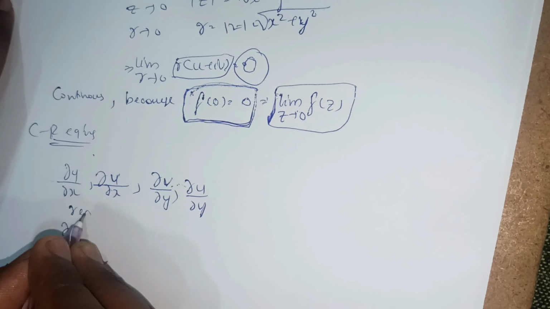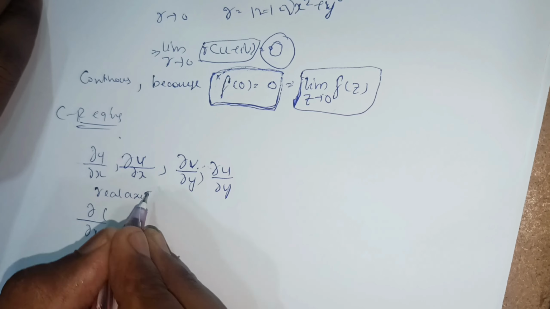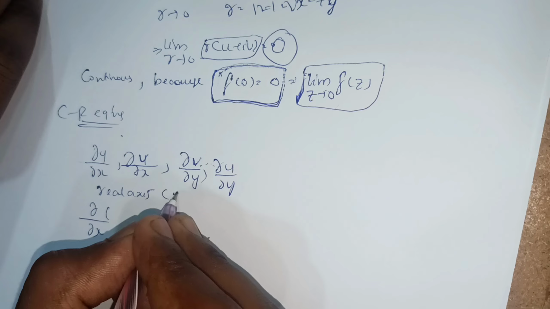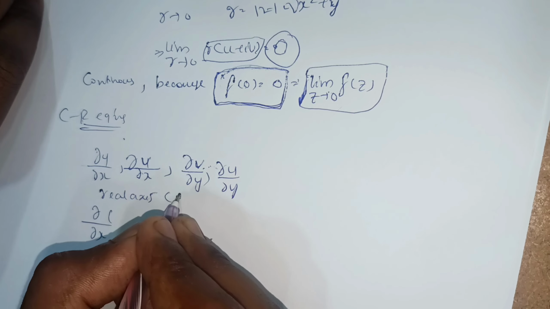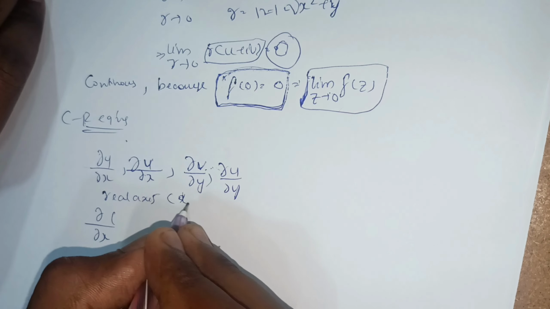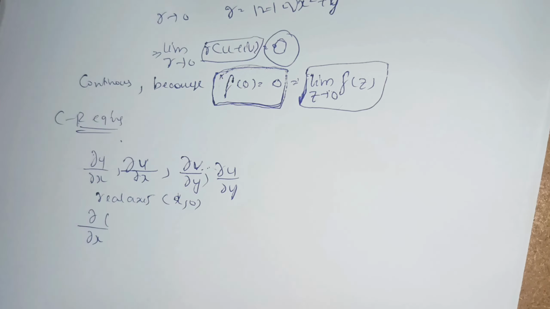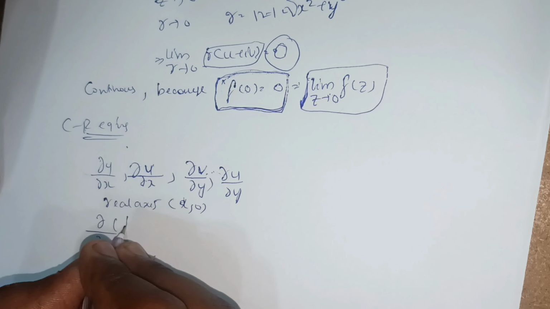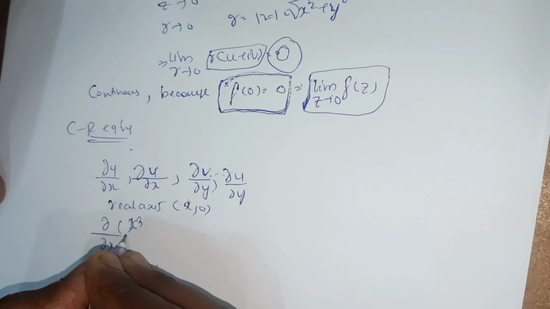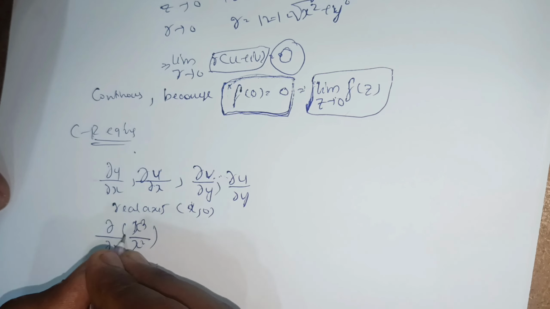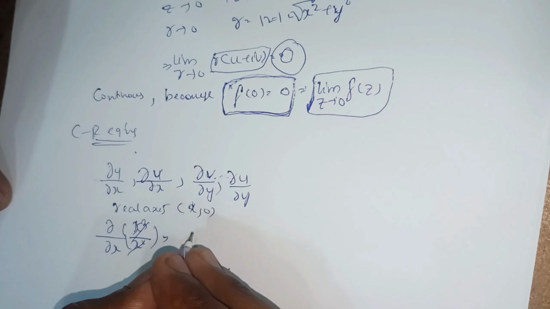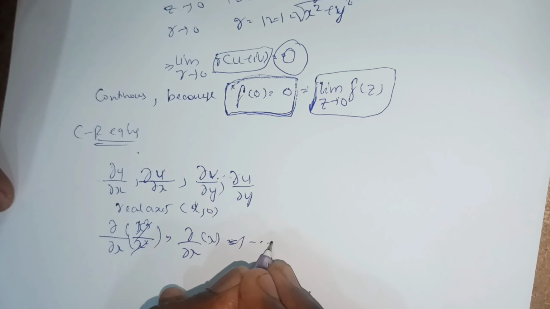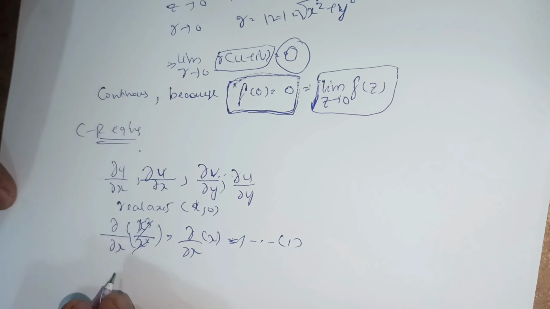First, we should take the real axis. The coordinates of the real axis are x comma 0. Substituting it in the equation above, we get x cube by x square. The x will be cancelled out. Dou by dou x of x is 1, so we take it as 1.